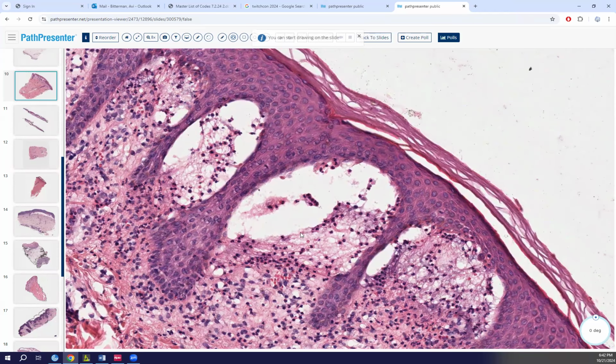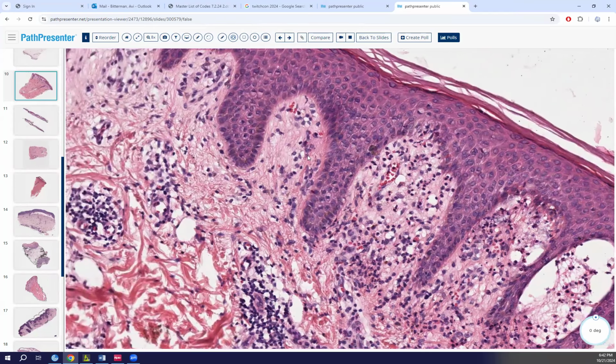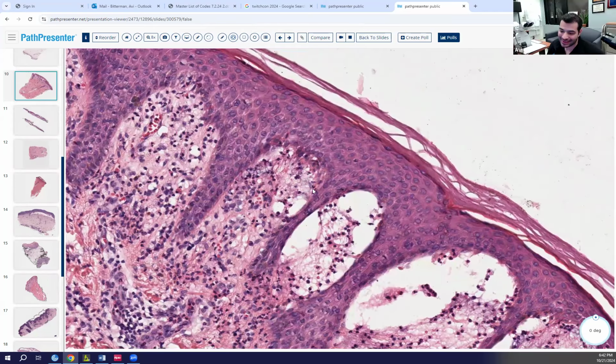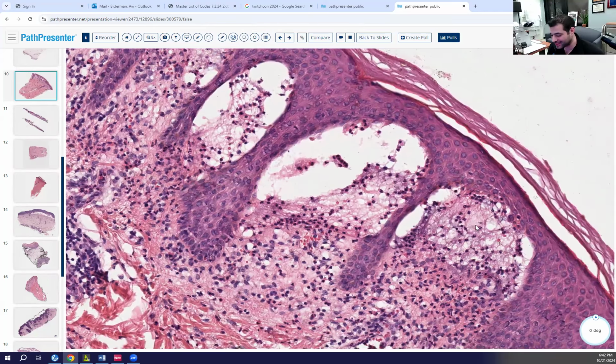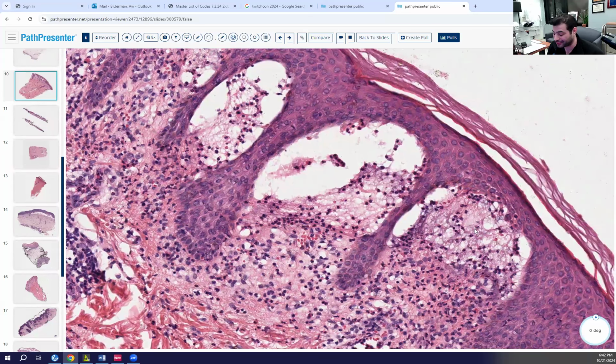Not bullous pemphigoid, not lupus. Itchy knees and elbows, celiac disease... Dermatitis herpetiformis. That's going to be number one on your differential when you see this, for the boards' purposes.